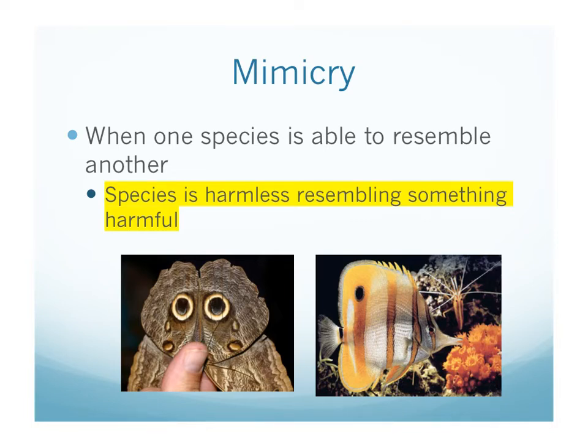So mimicry might be one adaptation that is advantageous for an animal. So when one species is able to resemble another, the species is harmless, resembling something that is harmful. So for example, this butterfly, it looks like an owl, okay?